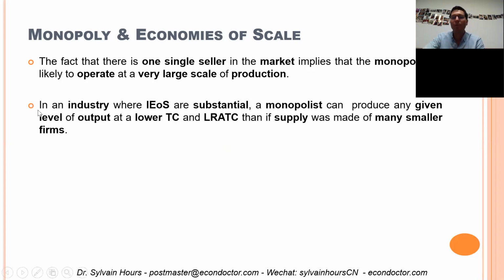Okay, so if we have an industry with IEOS, which stands for internal economies of scale, you know that there is a difference between internal and external, so let's just focus on internal economies of scale.